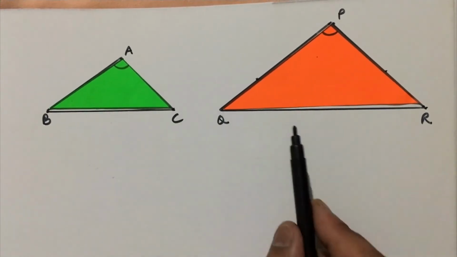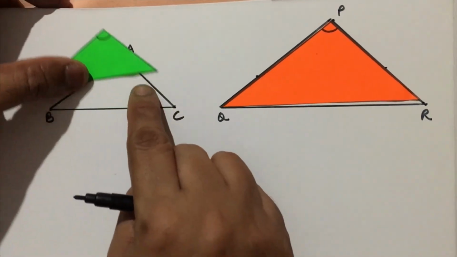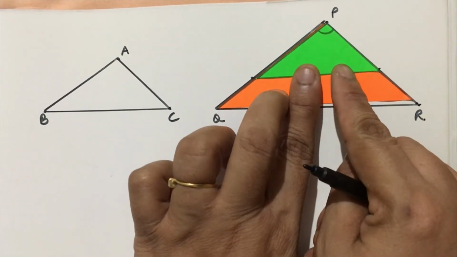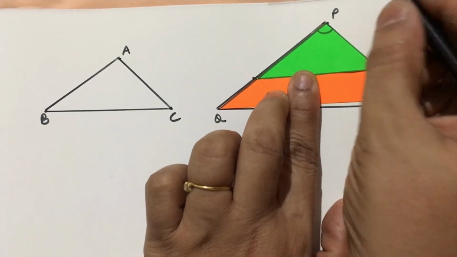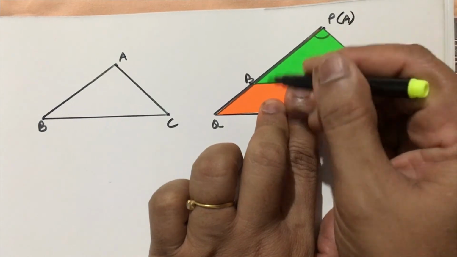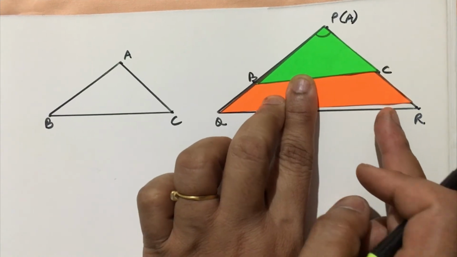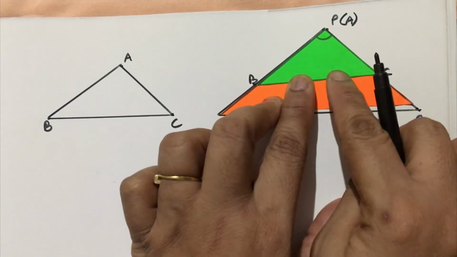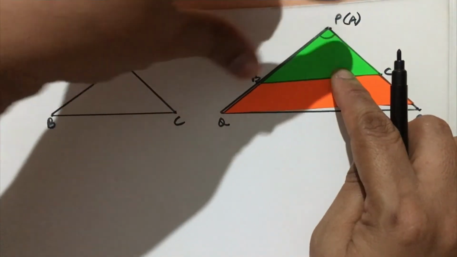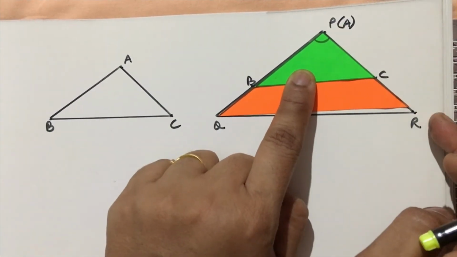Now, you place this triangle ABC cutout on PQR in such a manner that vertex A falls on P, and AB side falls on PQ side and AC side falls on PR. Now, when you check it here, as what I said just now, AB by PQ is equal to AC by PR.